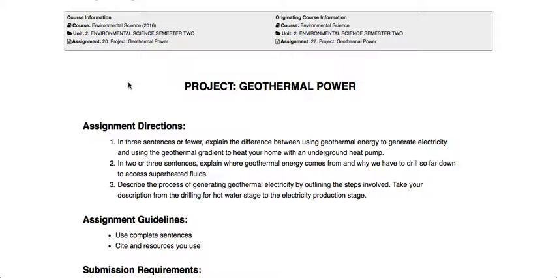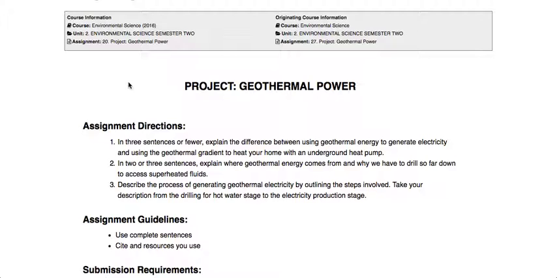That goes along the lines of what I just showed you, going back into your lesson. Make sure you talk about the requirements of drilling versus using a geothermal heat pump in your paragraph.